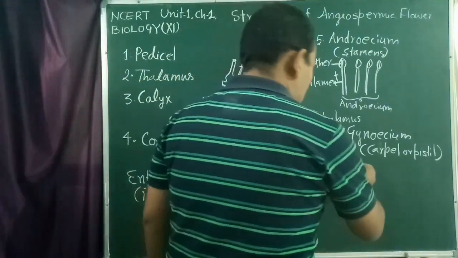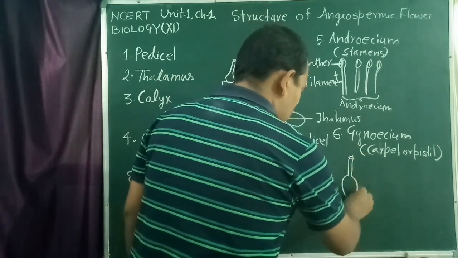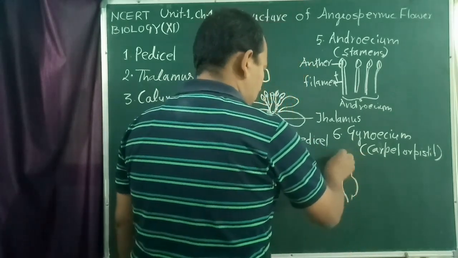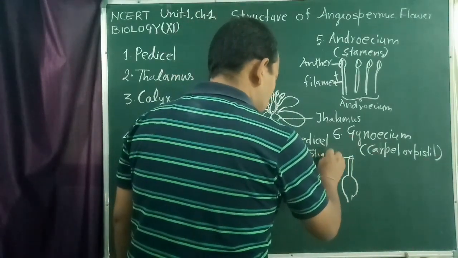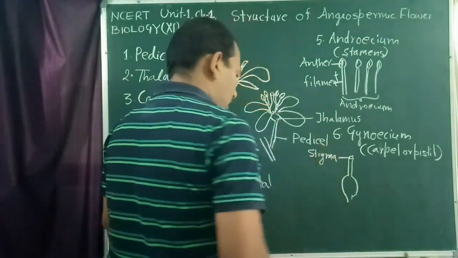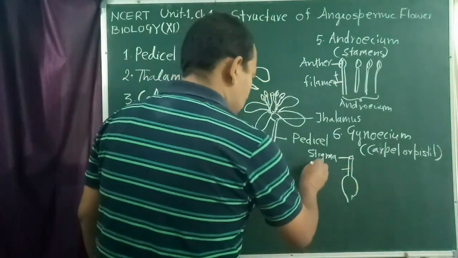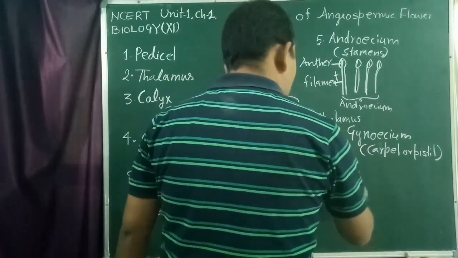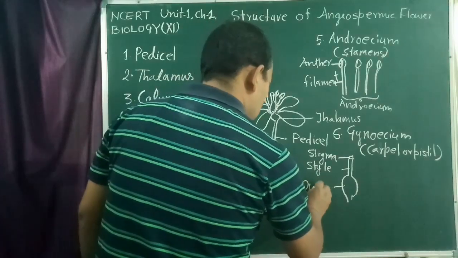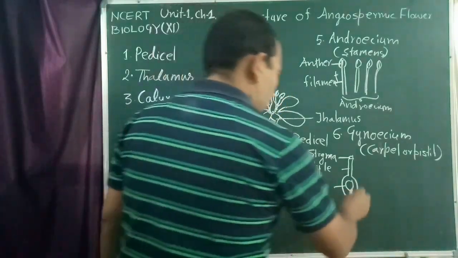So let me draw a diagram of a carpel. So this is the carpel, and this uppermost part is known as stigma. This is the place where pollen grain reaches, and this part is known as style, a tube-like part, and this is known as ovary. Inside the ovary we have ovule.